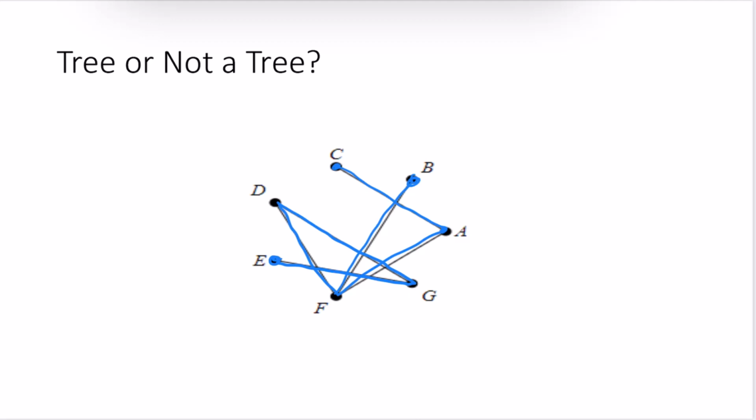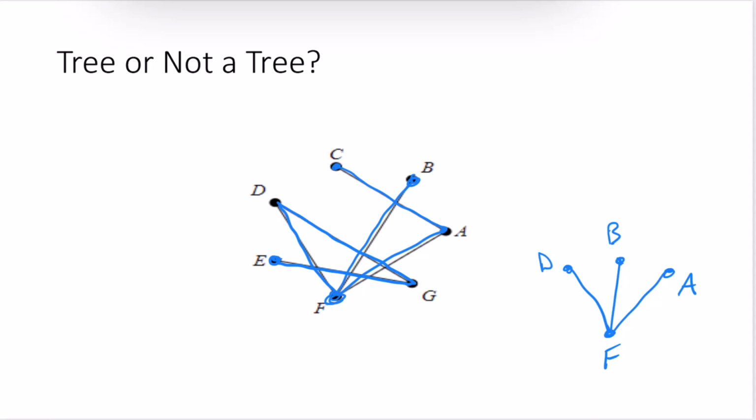And again, if you wanted to rearrange the vertices, you could make it look like a tree with branches. Because I could say, okay, well, here's vertex F, and vertex F is adjacent to vertex A, vertex B, and vertex D, it looks like. Those are all of the vertices that it's adjacent to.